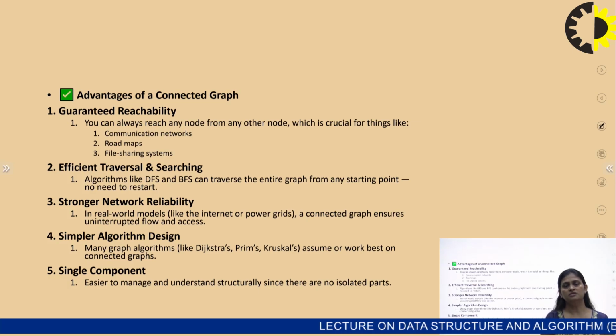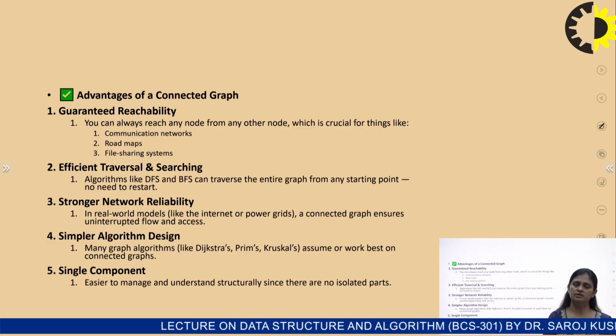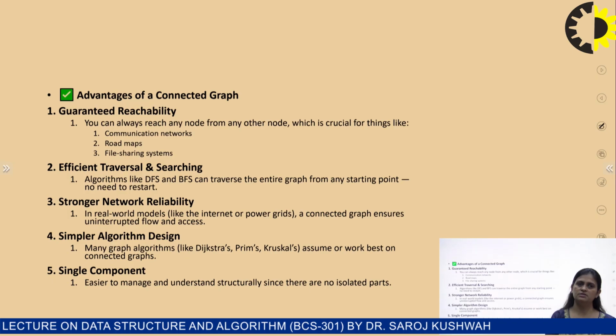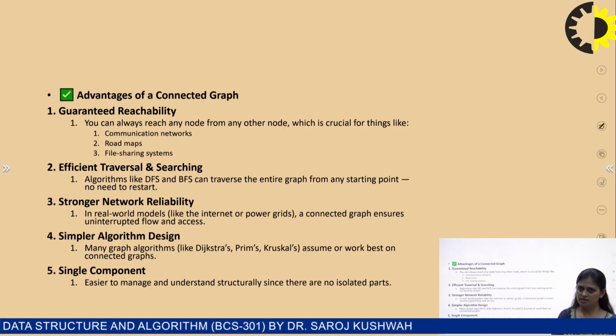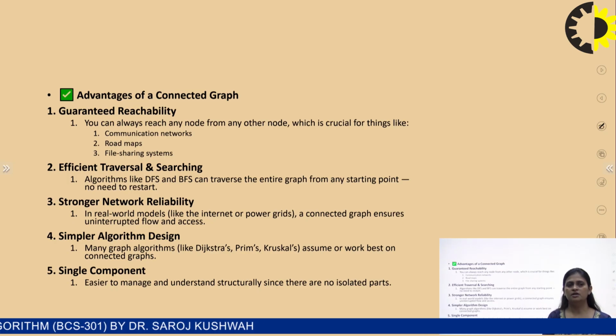These are the applications of the connected graph. Second one is efficient traversal and searching.